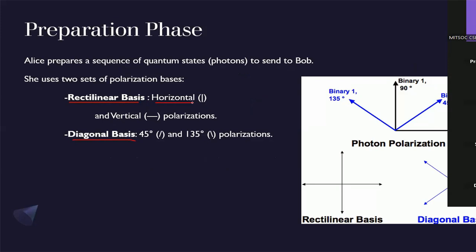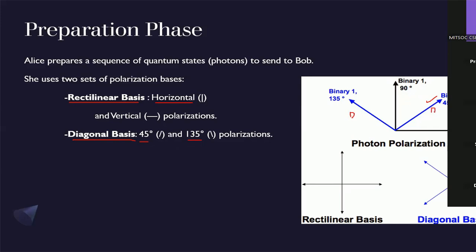In the rectilinear basis, we use horizontal and vertical polarization, and in the diagonal basis at 45 degrees, the diagonal and anti-diagonal. Here is some pictorial representation. If you want to represent binary 0, then 0 degree, binary 1, 90 degree. This represents the diagonal.